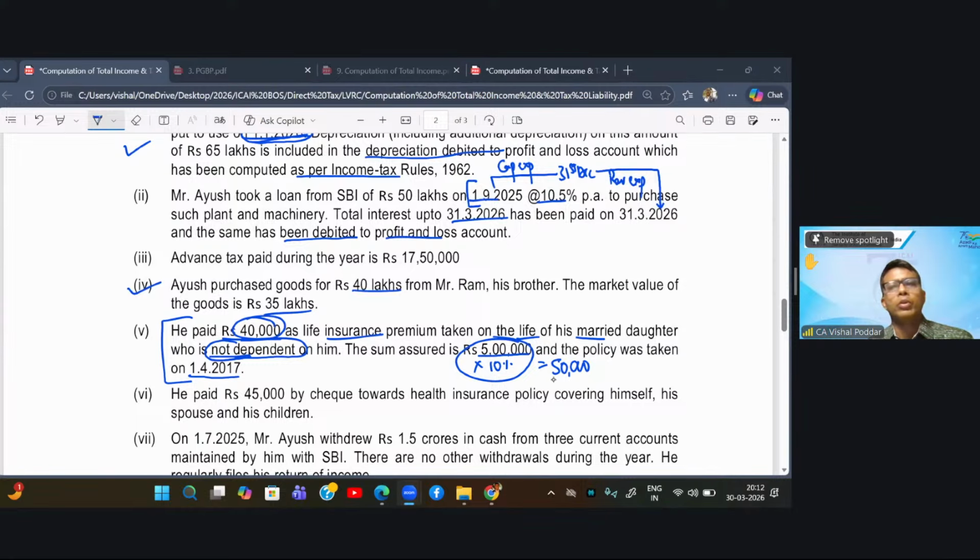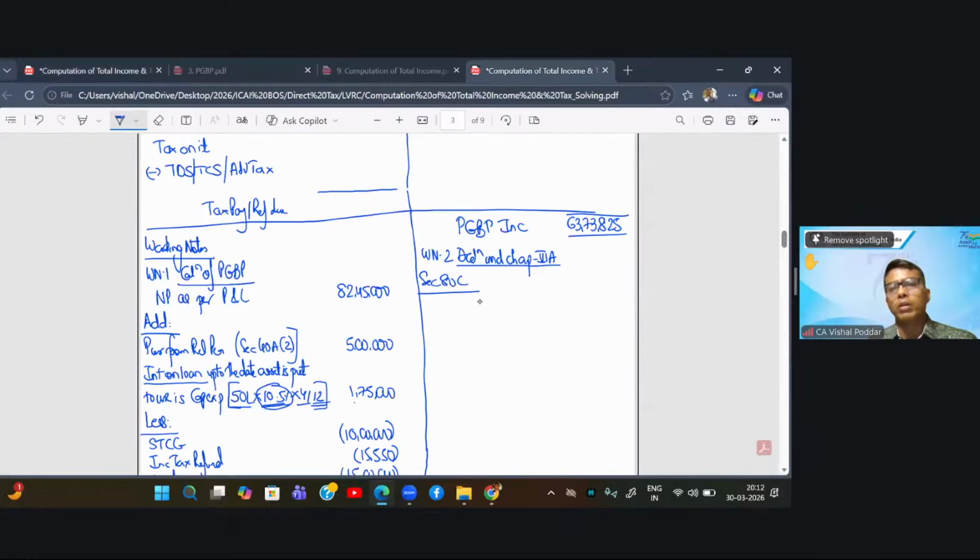No challenge at all. LIP for independent children, maximum up to 10% of 5 lakhs. So anyways, 40,000 will be fully allowed.